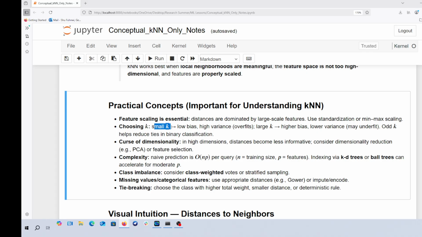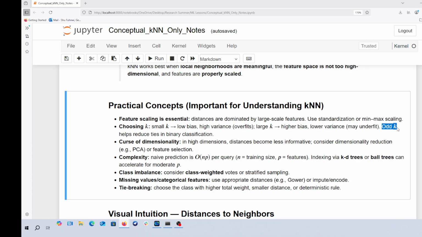Also, choosing the value of k. Most of the time, when we choose a value of k that is very small, we are going to have low bias and high variance. Remember, a model that has low bias and high variance is going to overfit. Large values will lead to higher bias and lower variance, which might underfit. We have already seen all these concepts of overfitting and underfitting.